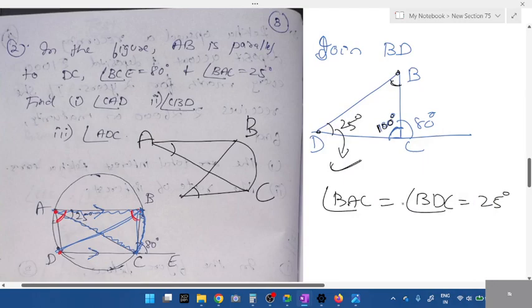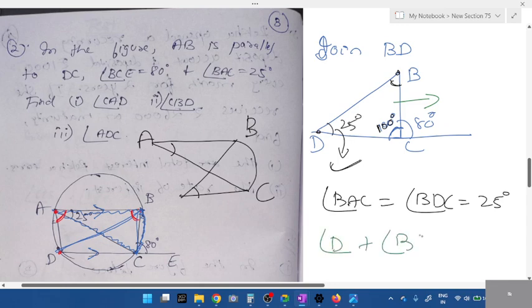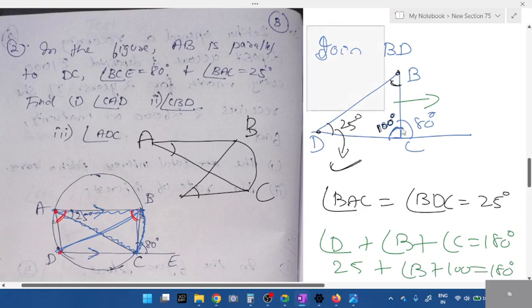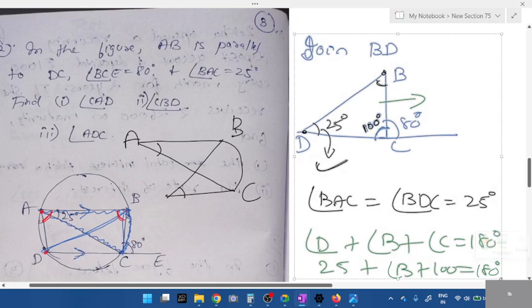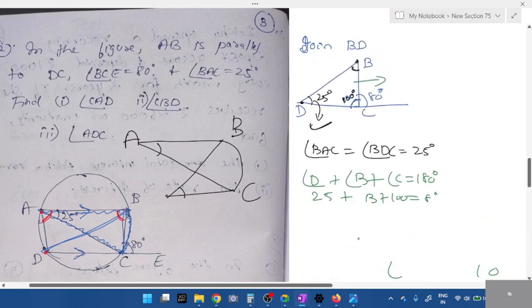25 and 25. Now you can use the interior angle concept here. Interior angle D plus angle B plus angle C is equal to 180. So 25 plus angle B plus 100 is equal to 180. What is angle B, students? Angle B is nothing but that CBD.